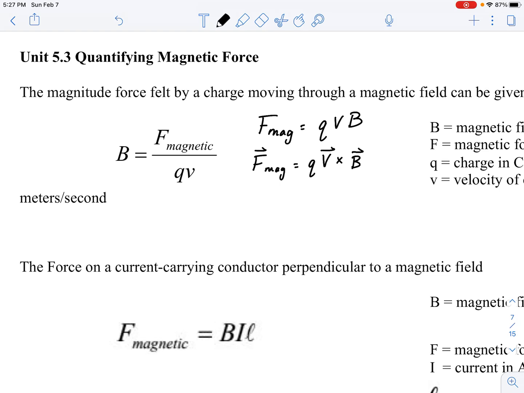And this is actually what's called a cross product in mathematics, which is a fancy way of saying that we're going to take the sine of the angle between the velocity and the magnetic field.